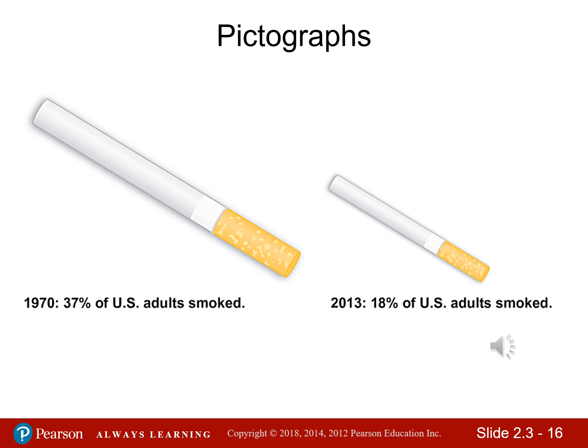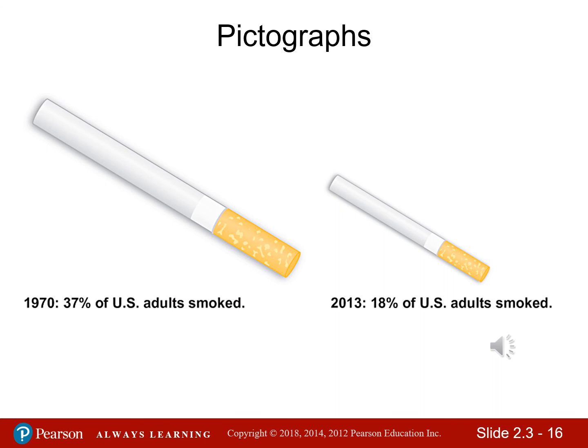Let's look at this pictograph that compares the percent of adults who smoked in 1970 to the percent of adults who smoked in 2013. The 1970 cigarette is about twice as long and twice as tall as the 2013 cigarette. So if you recall from your high school geometry class, volume is calculated by multiplying the base times the height times the width.